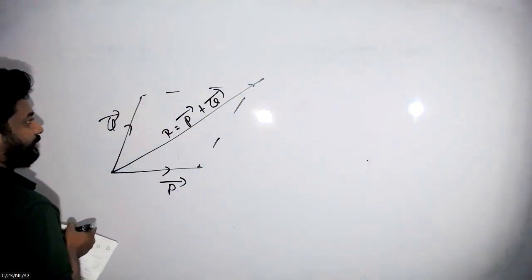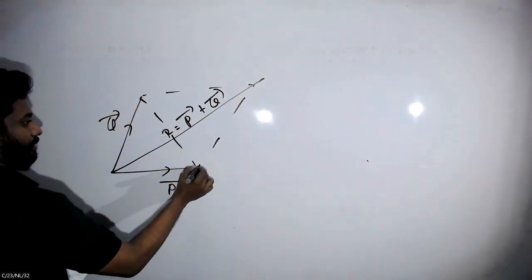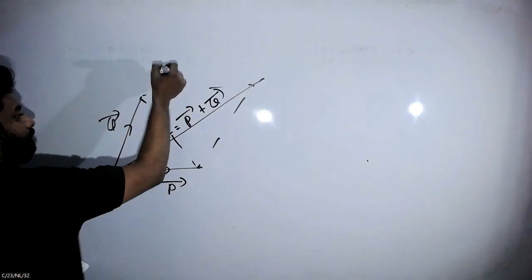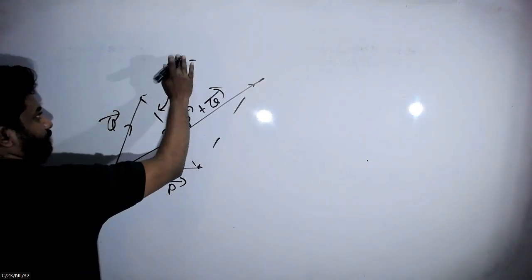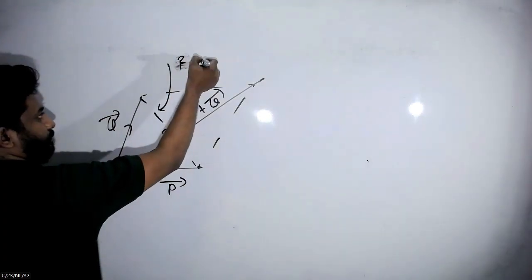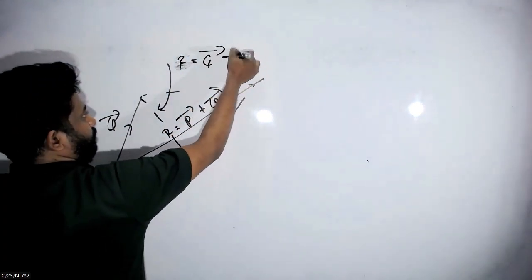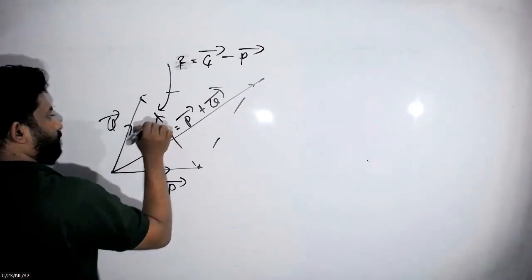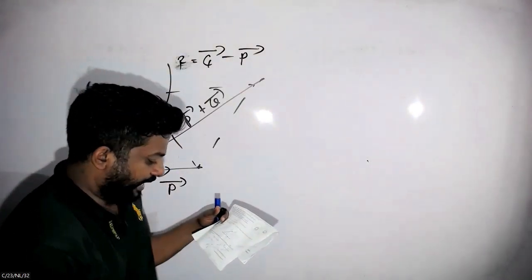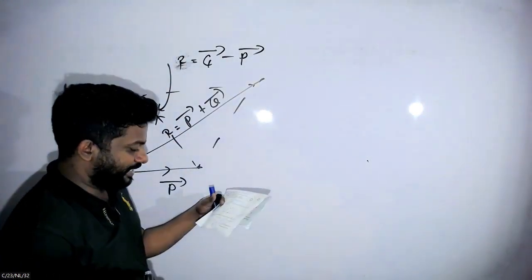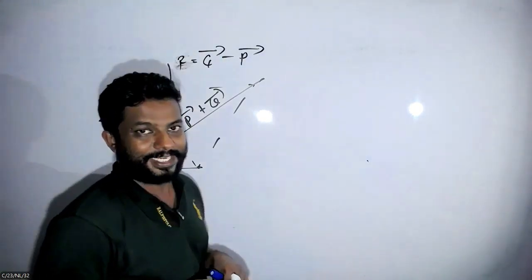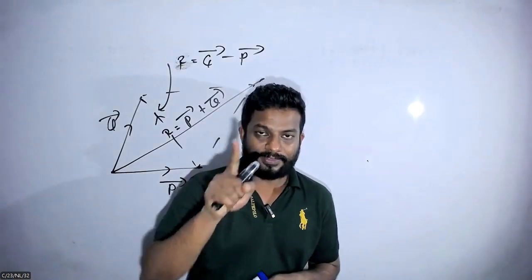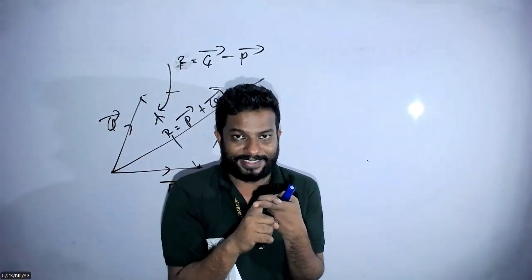And the other diagonal of the parallelogram, this one, represents the difference between the two vectors, right? According to this data, these two diagonals are equal in length. Why? Sum is equal to difference, no? Therefore, the diagonals of the parallelogram should be equal in length.